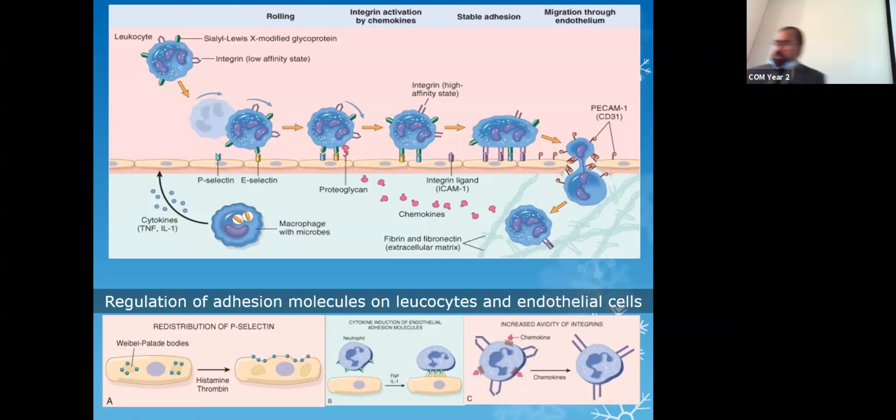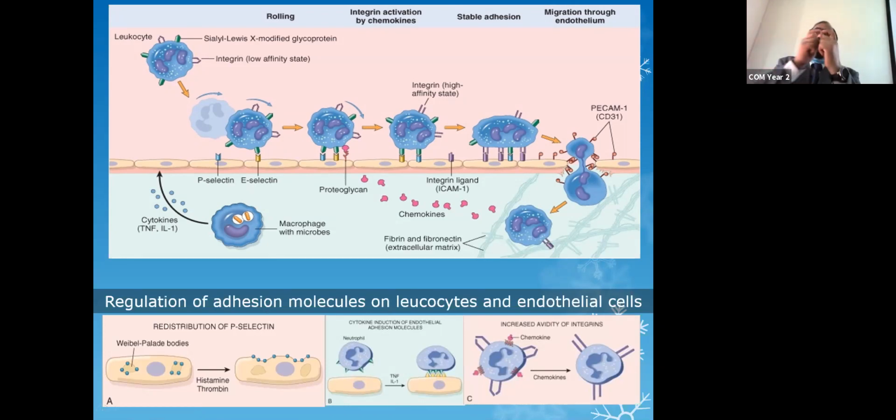Now, what happens is that the same activated macrophages and neutrophils secrete chemokines. This chemokine comes up and attaches to this proteoglycan. This proteoglycan helps the chemokine attach to the neutrophils, right? And on this neutrophil, this integrin, which is of low affinity, the door was closed.